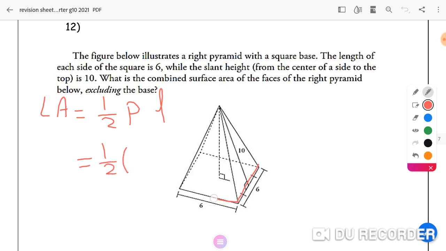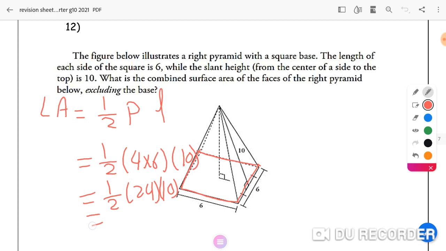We know that the base is a square, and the perimeter of the square equals 4 multiplied by side length, which is 4 times 6, and that multiplied by the slant height, which is 10. Okay, so half multiplied by 24 multiplied by 10, and that simply equals 120. So you can find out the answer by using more than one method.